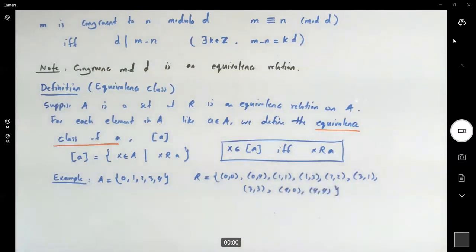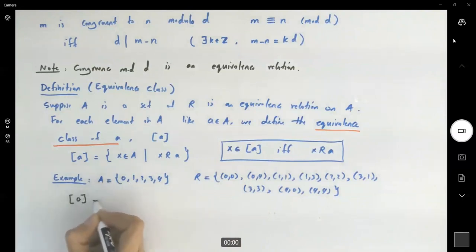Okay. This is an equivalence relation. I'm going to define the equivalence class of each member in A.